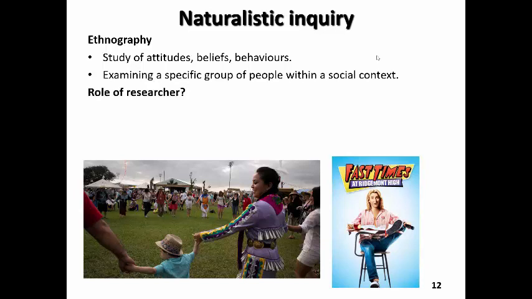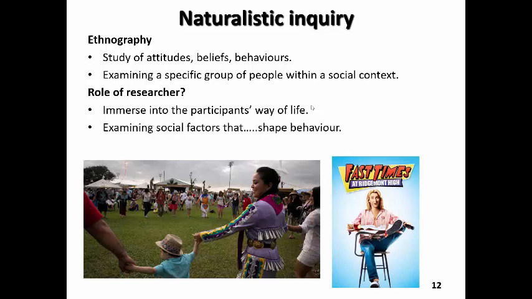And in this regard, the researcher would have to immerse themselves into the participants' way of life. And doing so would allow the researcher to examine those social factors that shape the behavior. Now, in doing so, the researcher would begin to discover new questions that would emerge as information is collected.